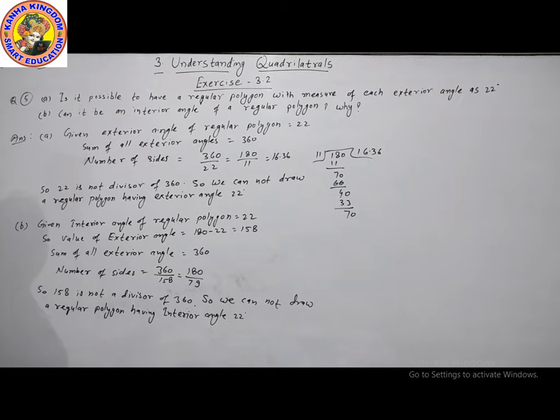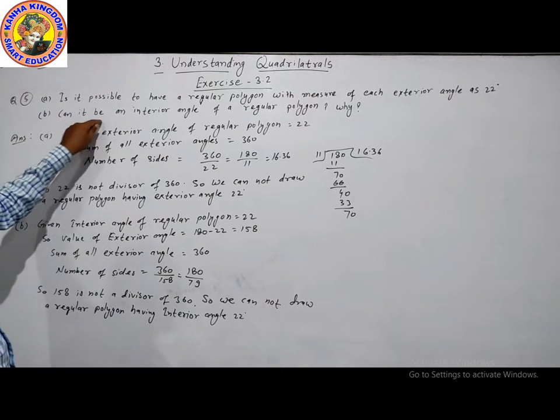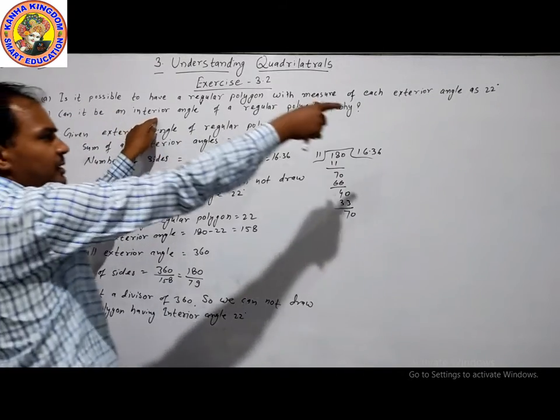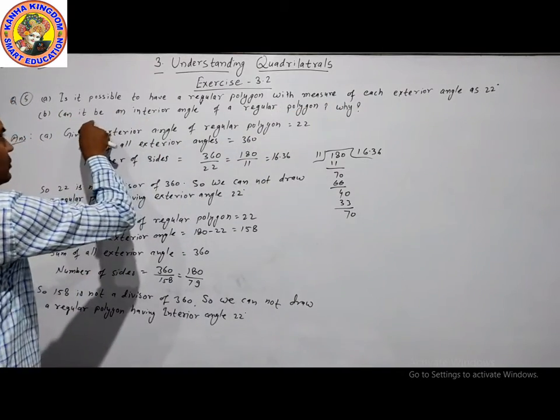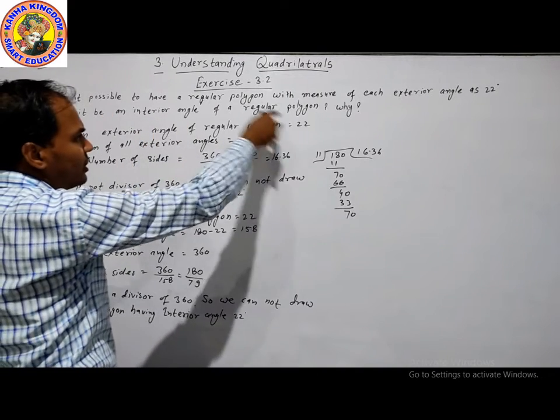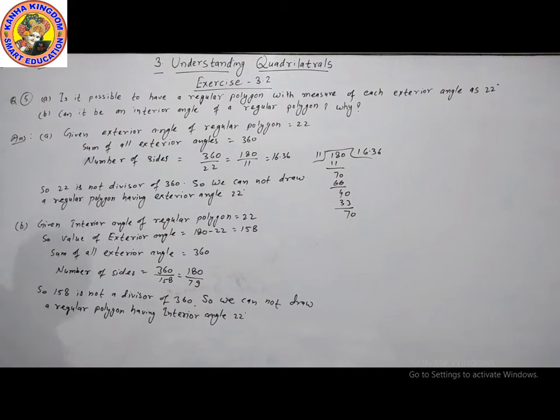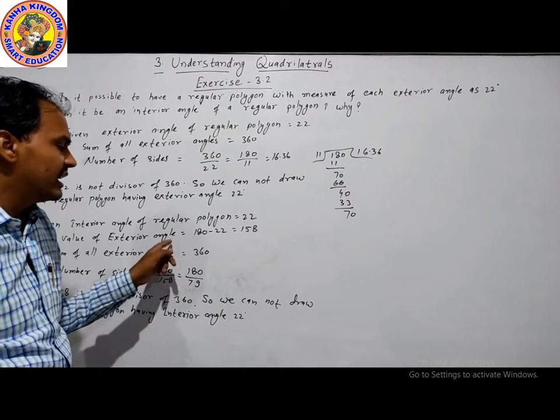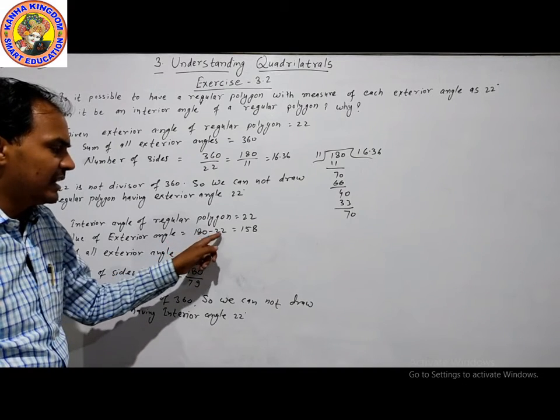Now the second part, B. Can 22 be an interior angle of a regular polygon? Given that the interior angle of the regular polygon is 22, the interior angle and exterior angle are linear pair angles, so the exterior angle will be 180 minus interior.